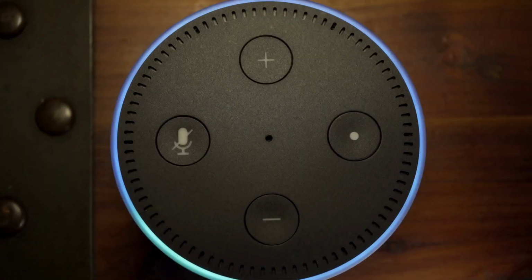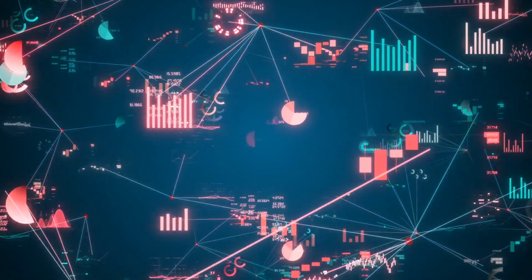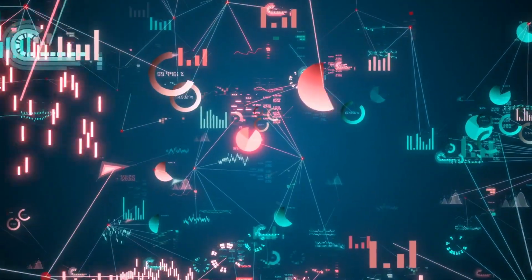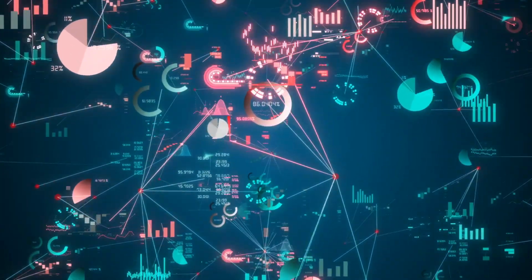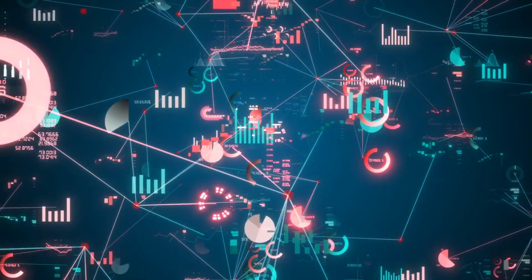Moreover, natural language processing, a branch of machine learning, powers virtual assistants like Siri and Alexa, enabling them to understand and respond to human speech. With the continuous growth of data and improvements in computational resources, the capabilities and applications of machine learning are expanding rapidly.